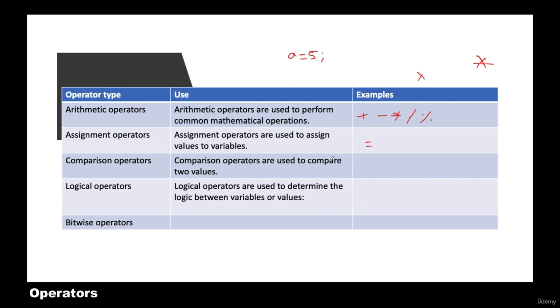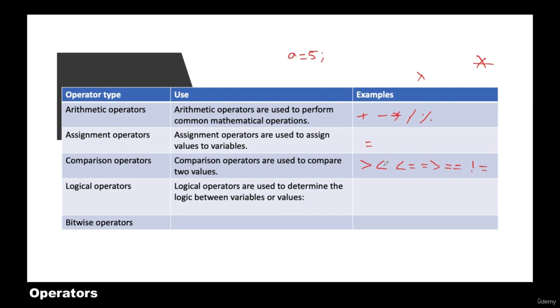Then we have the comparison operator. We know that comparison means comparing values. We have the greater than symbol, less than symbol, less than or equal to symbol, then greater than or equal to symbol, then equal to symbol, then not equal to symbol.